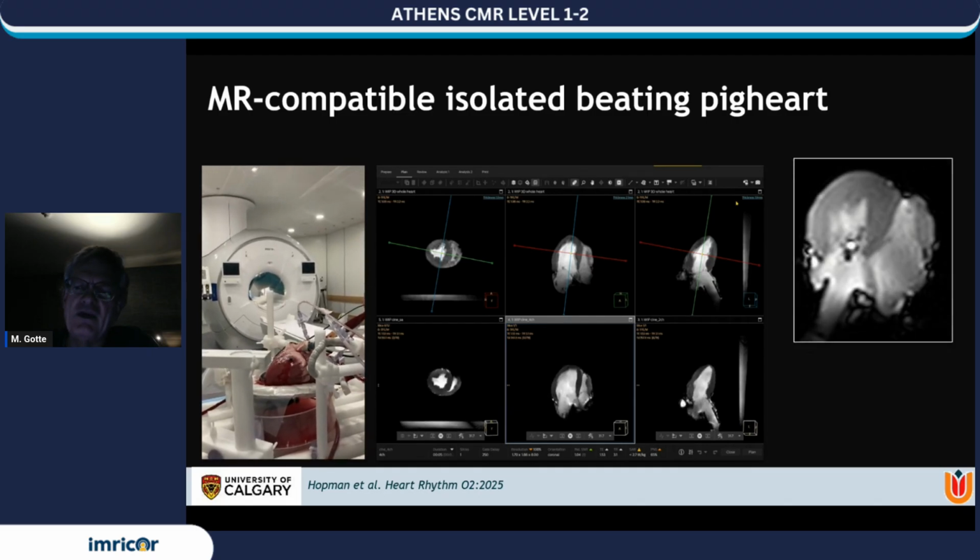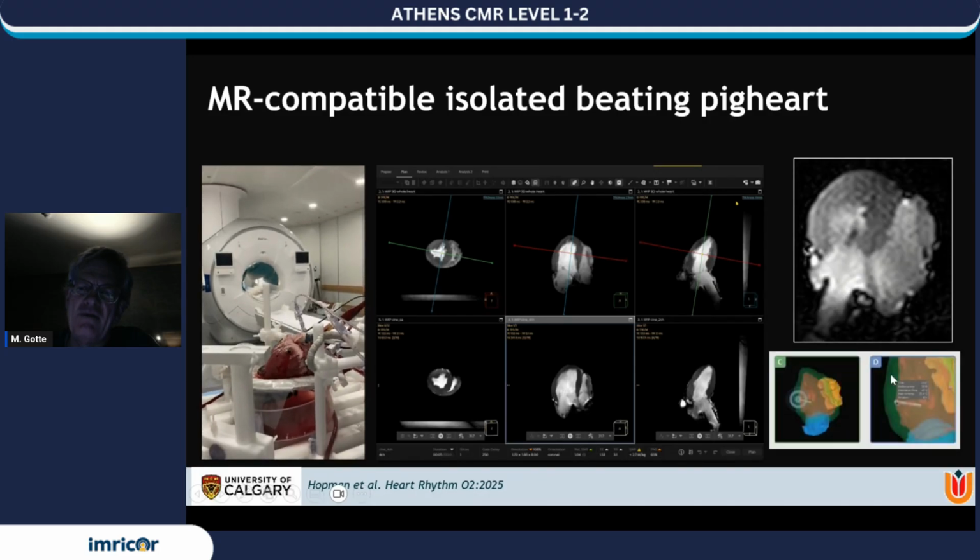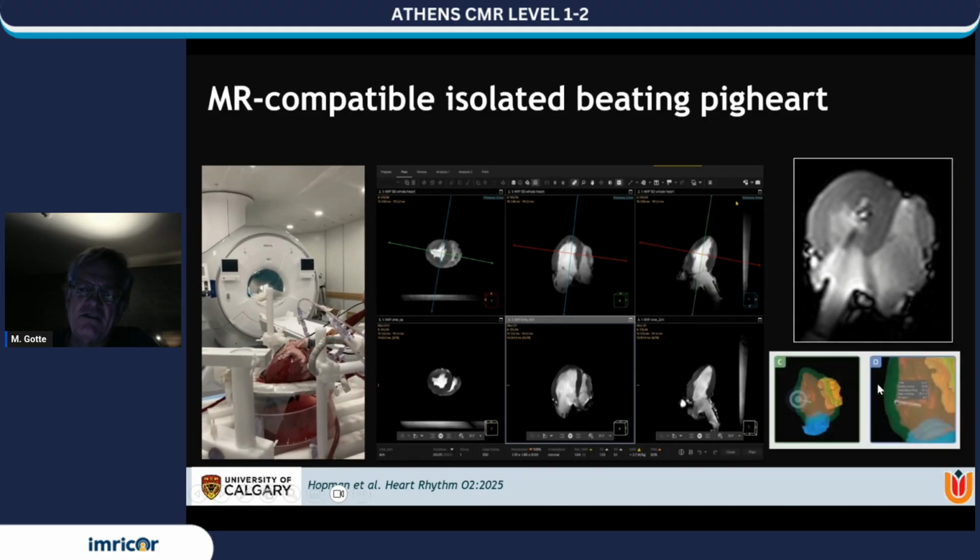We can pioneer new imaging technologies. We can navigate devices as shown over here, and we can also ablate these hearts, and we can create ablation lesions.